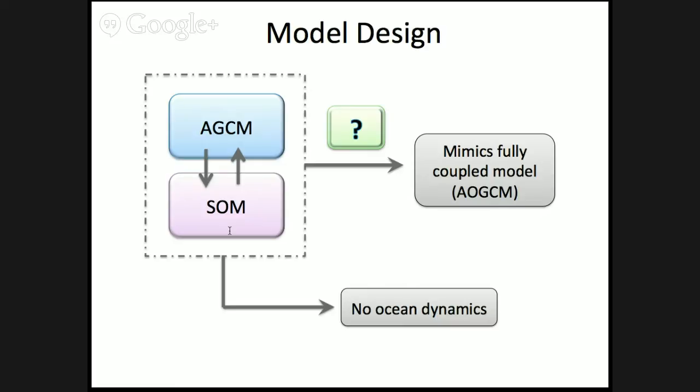So this is a box showing that I have a model, and using this model, I want, in one way, to mimic the fully coupled model. Once I can mimic a fully coupled model, in this experiment both the atmospheric and the oceanic contributions are included.